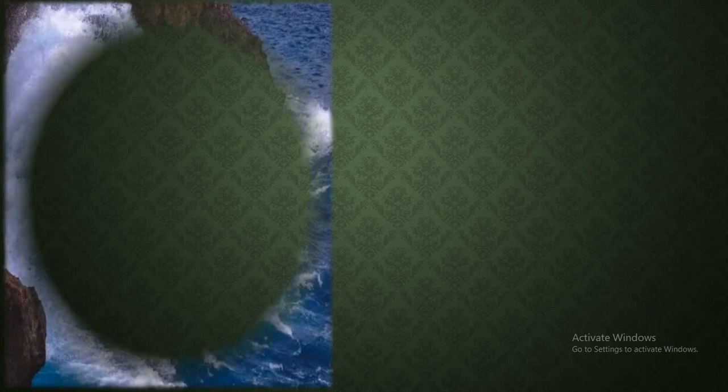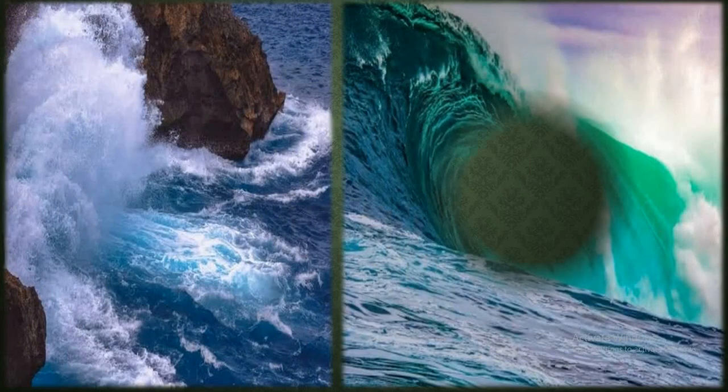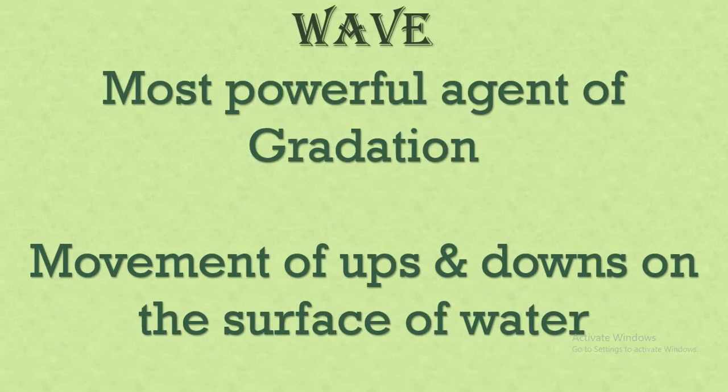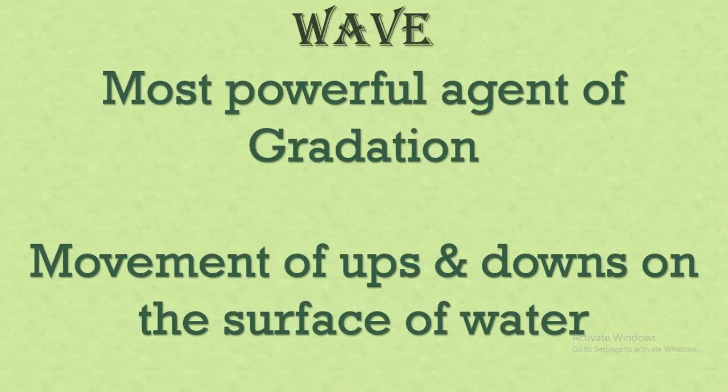The next is waves. The next agent of gradation is waves. It's the most powerful agent of gradation. Movement of ups and downs. How do the waves look?